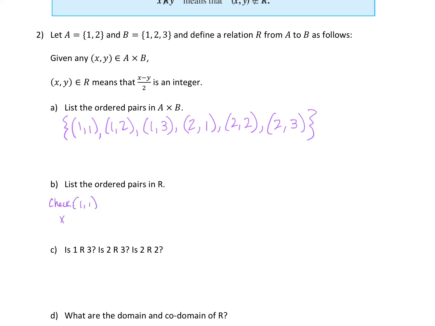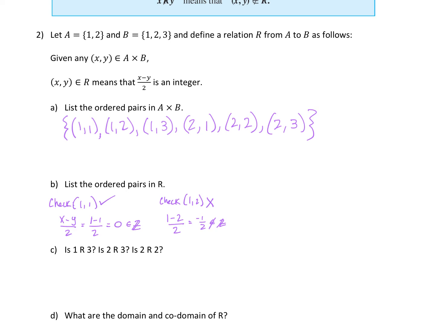If you do the x coordinate minus the y coordinate over 2, we get 1 minus 1 over 2, which is 0, and that is, in fact, an element of the integers. So 1, 1 is in R. But then if I check, say, 1 comma 2, x minus y would be 1 minus 2 over 2, and I get negative a half, which is not an element of the integers. So 1, 2 is not an element of R.